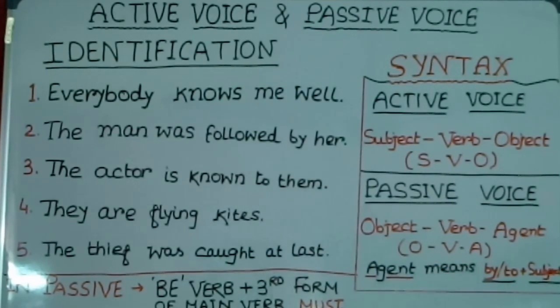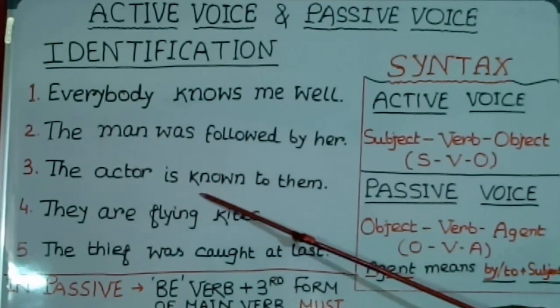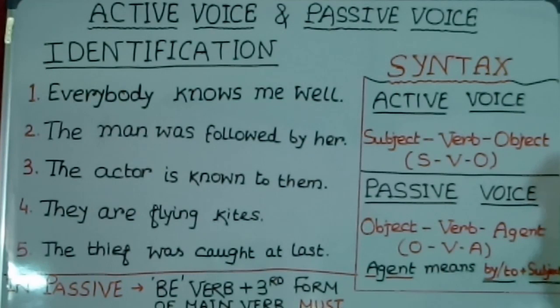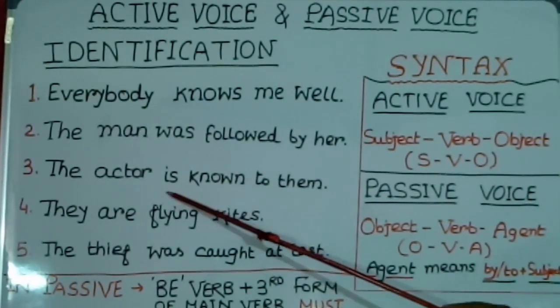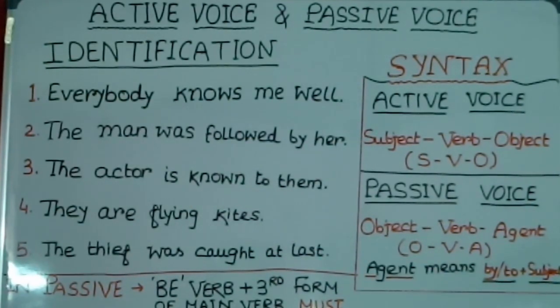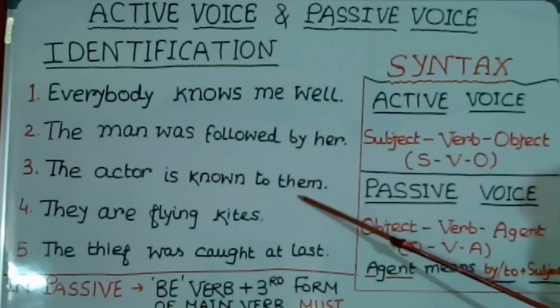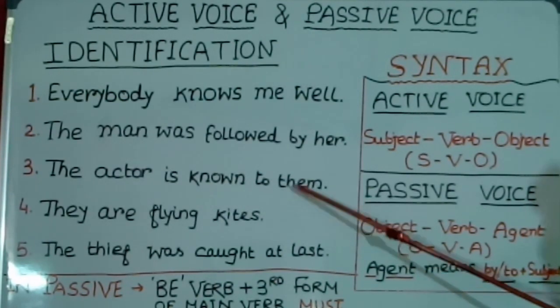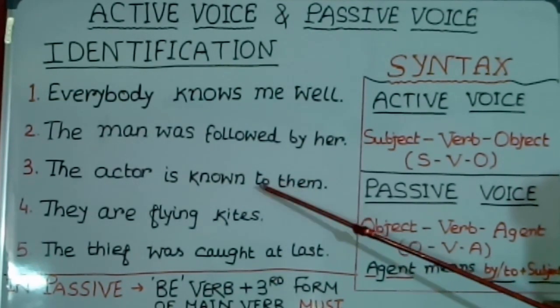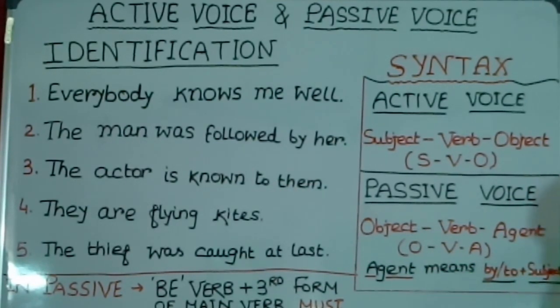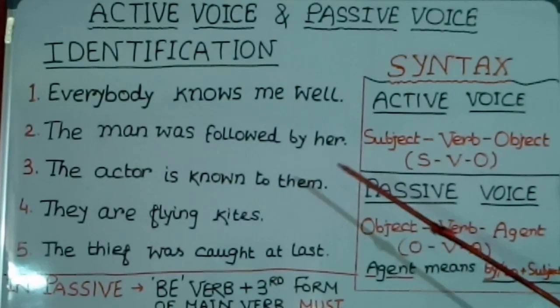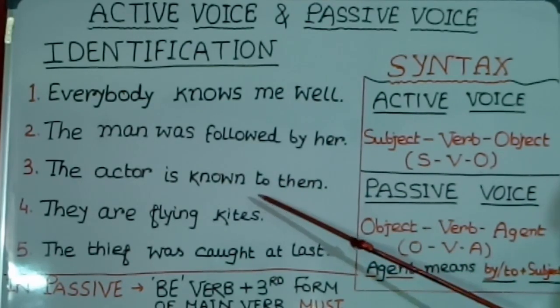If we come to the next example: the actor is known to them. Where is the verb in the sentence? Is known. Now who knows? They know. So over here they is the subject, and look, before the subject I have written to, and I told you in some cases the agent takes to before the subject.